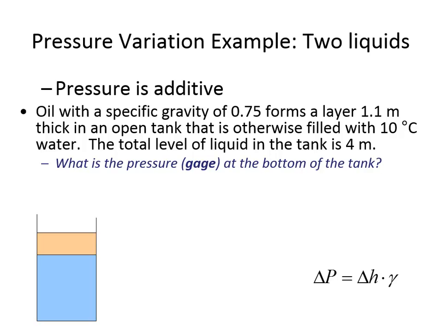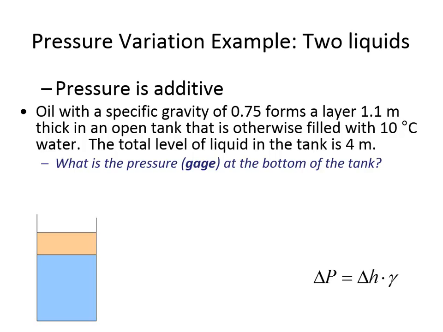So it says that there's a layer of 1.1 meters and then the total liquid level in the tank is 4 meters. So 4 meters is the total liquid level here. And we want to know what is the gauge pressure at the bottom of the tank. So down here, what's the pressure?